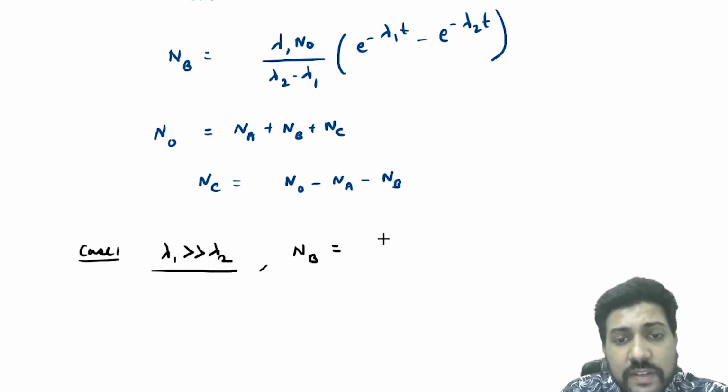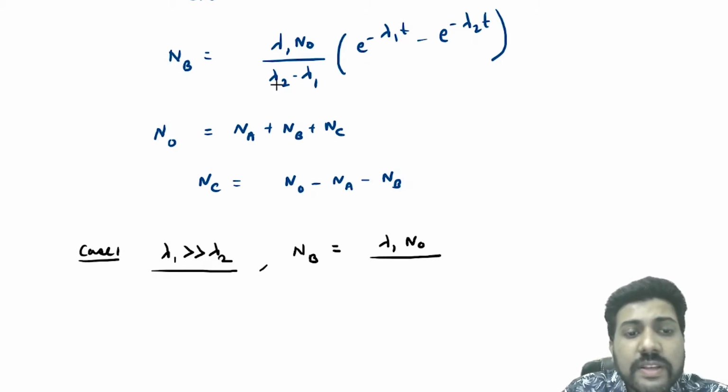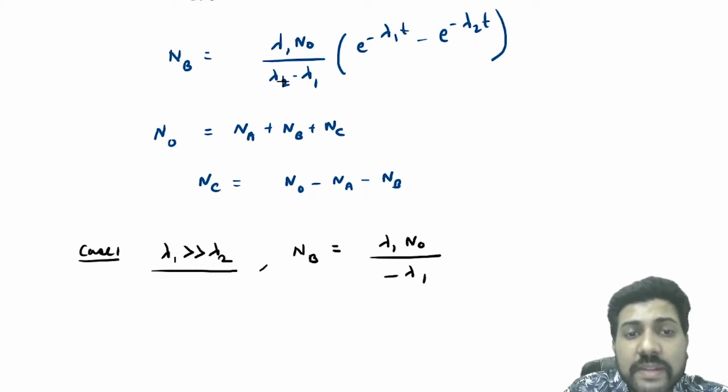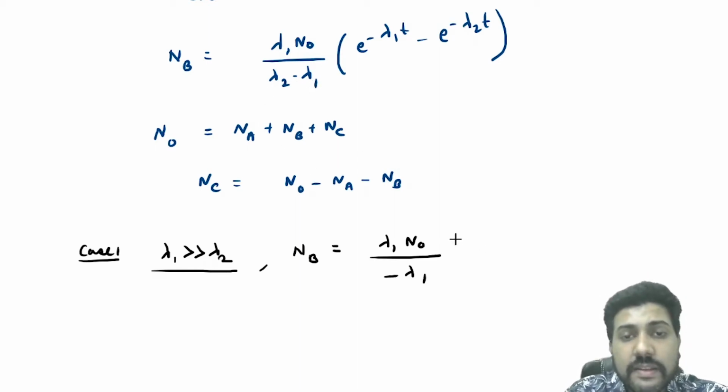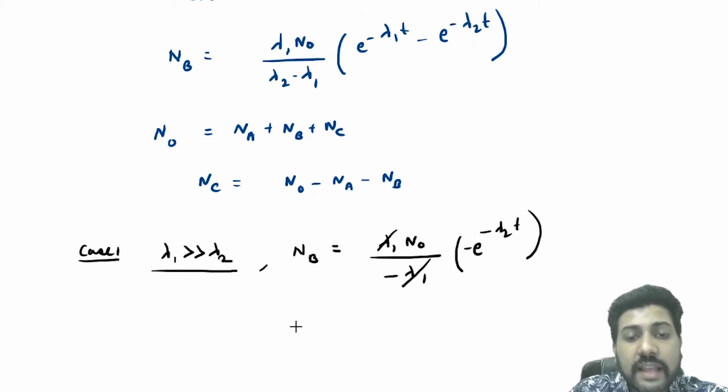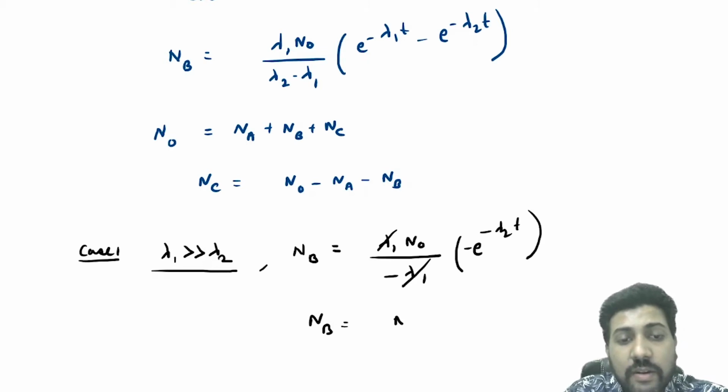So you will write lambda 1 N0 divided by lambda 2 minus lambda 1, where lambda 2 can be neglected in front of lambda 1, into e power minus lambda 1 t, which is nearly equal to 0, minus e power minus lambda 2 t. Lambda 1 cancels, and you will get Nb is equal to N0 e power minus lambda 2 t.